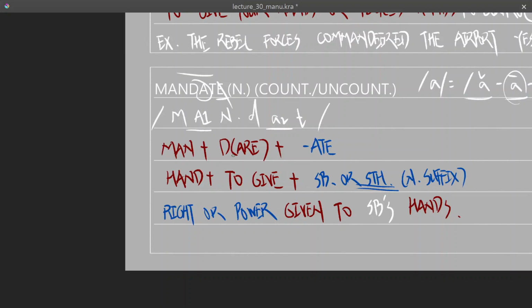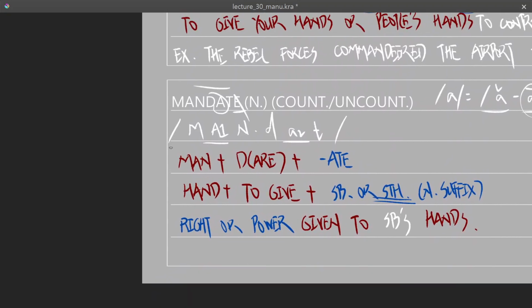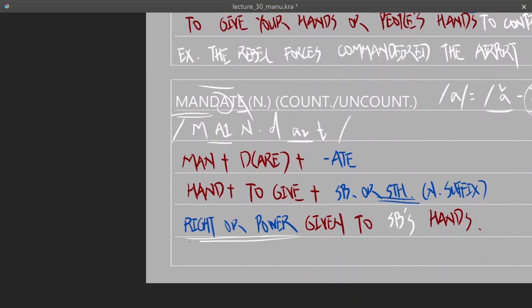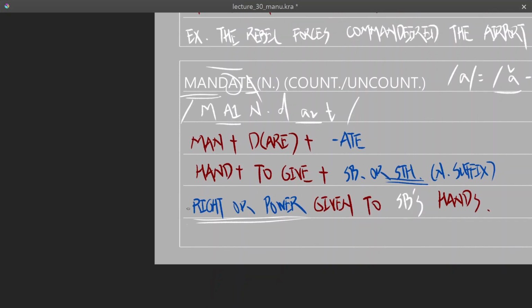That's it. Since we have, let's say, the singular man, his power or right is to control people. So it implicitly has the meaning of control inside. You need the power to control people. So somebody has the power to control or do something.